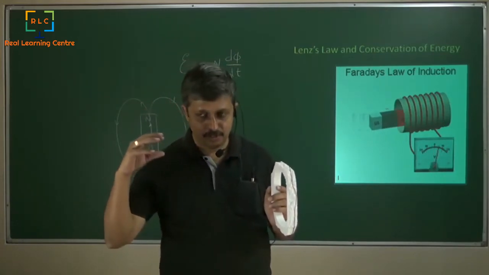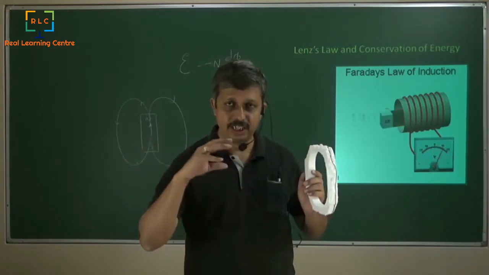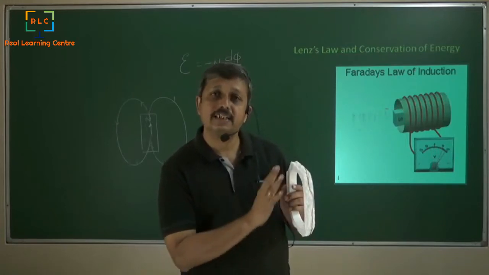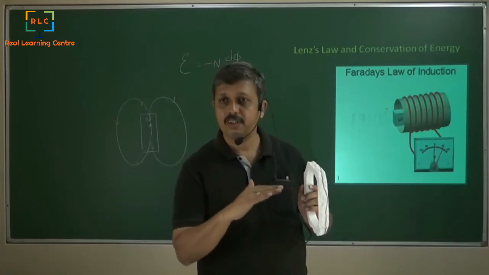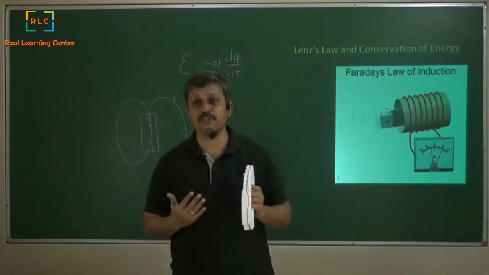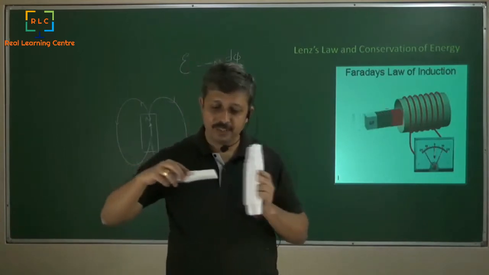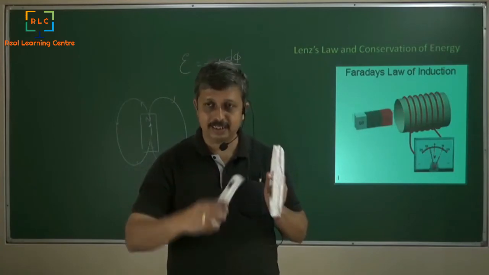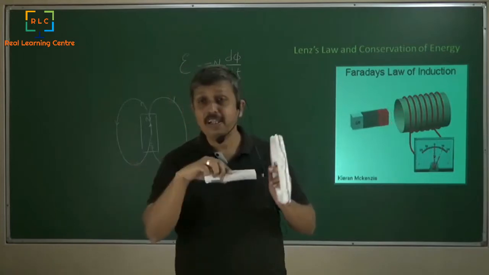As your hand moves the magnet in, you are actually increasing the magnetic field. Now, this circuit produces a current inside to oppose your movement of the magnet, which is increasing the magnetic field. How do you oppose that? If the magnet is north facing, north this side, and it is moving towards the coil, and you produce a magnet inside the coil which is also showing north, that would repel.